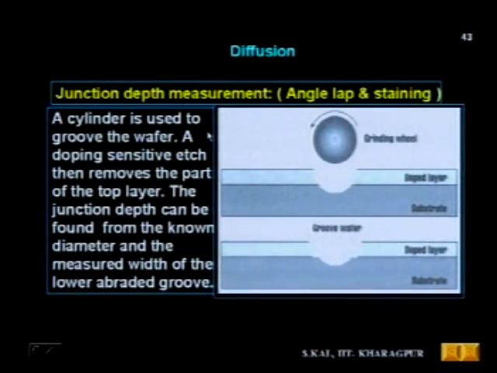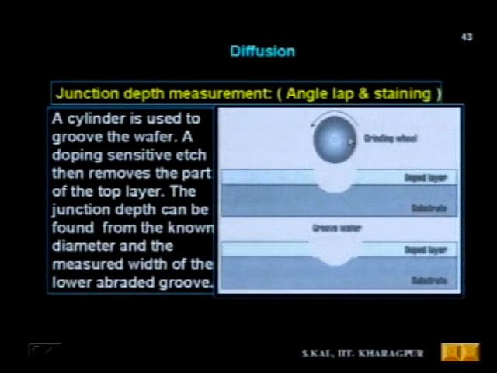A cylinder is used to groove the wafer. A doping sensitive etch then removes the top of the layer, the top of the diffused layer. The junction depth can be found from the known diameter and the measured width of the lower abraded groove. Now you can see this portion easily, and you can find the width of this groove.